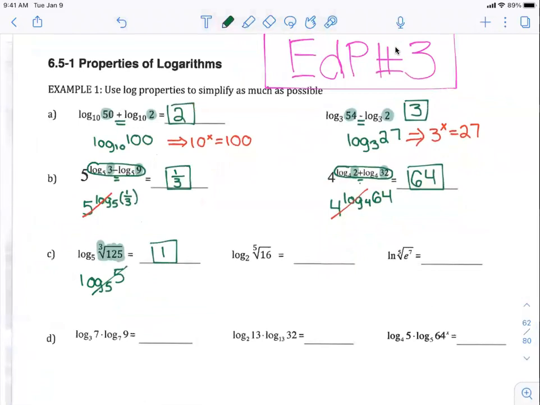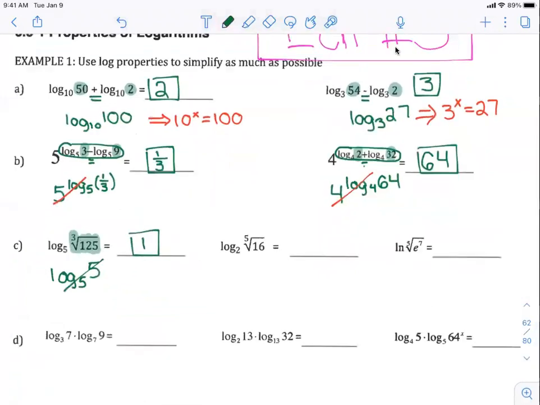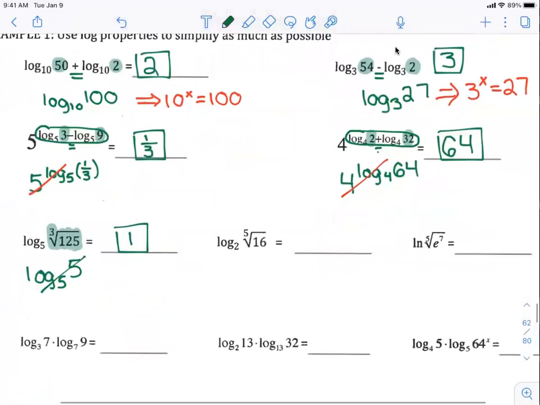All right, I'm going to go back down to part C. So again, I'm going to try to simplify this one. So log base 2, I'm kind of stuck. The 5th root of 16, I don't know what that is, but I'm going to put this in exponent form instead of root form. This is the same as saying 16 is 2 to the 4th power.